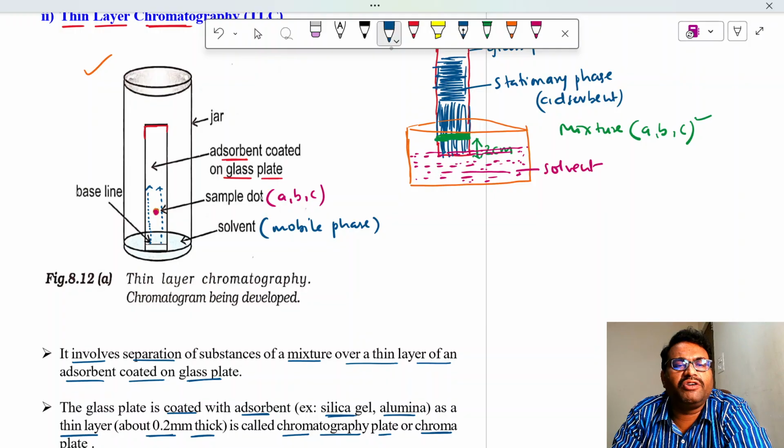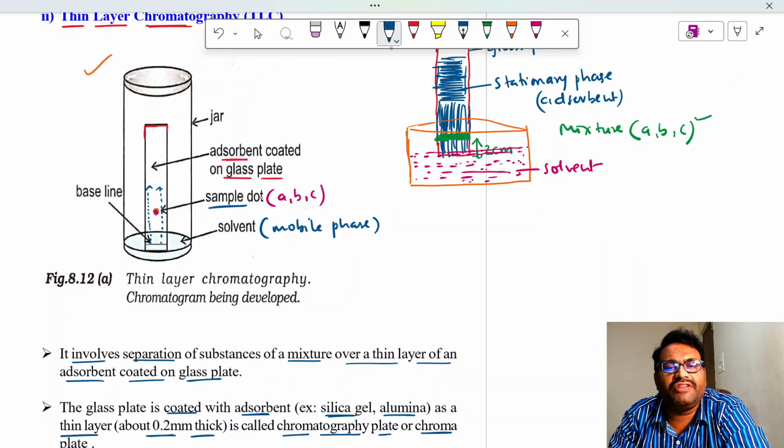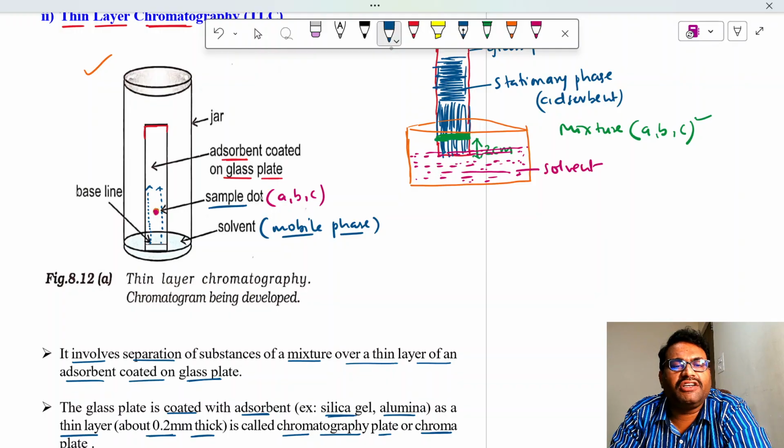So this mobile phase is moving over the stationary phase, and when it is moving, it will also move these components. The components in the sample are moved along with the mobile phase. See, this mobile phase is moving over the thin glass plate, over the stationary phase, and it also carries these components.